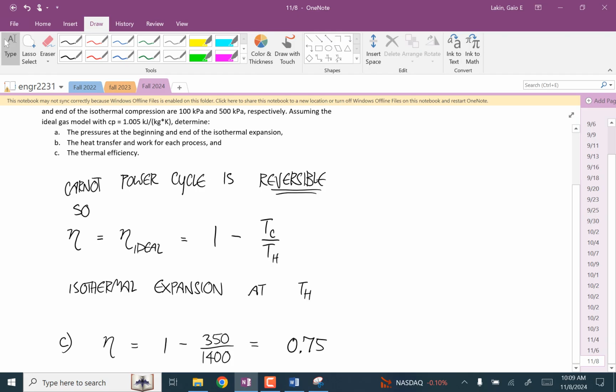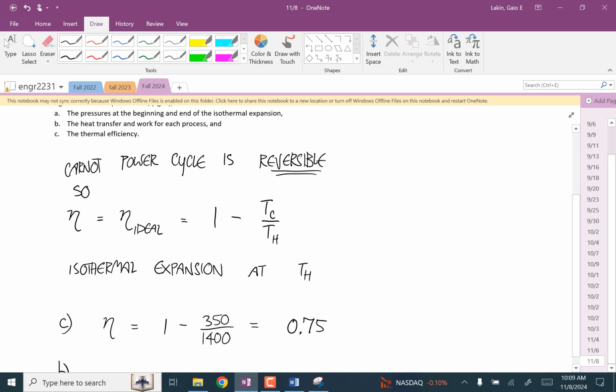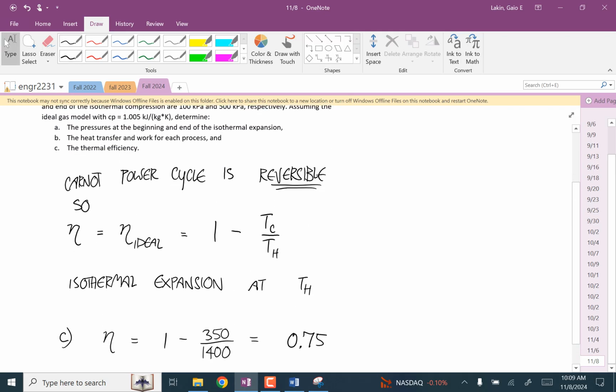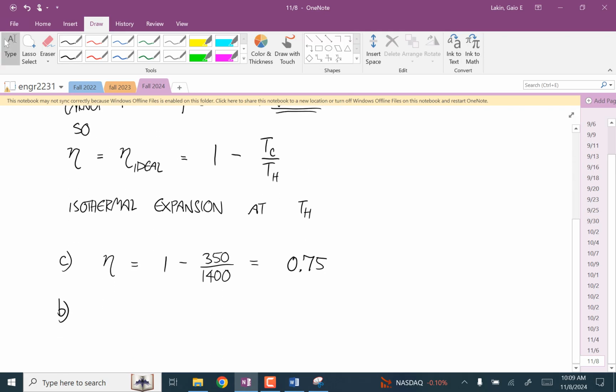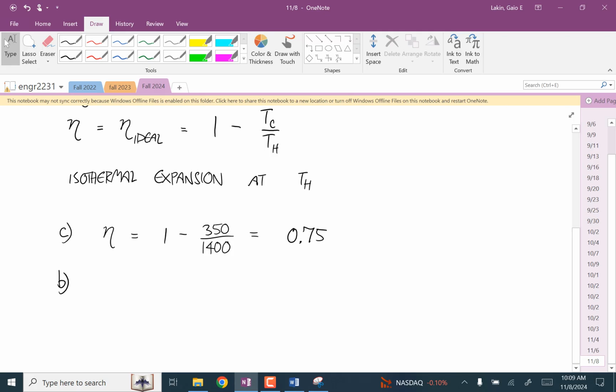The heat transfer for each of these processes, we should be able to do that because, again, this is reversible.